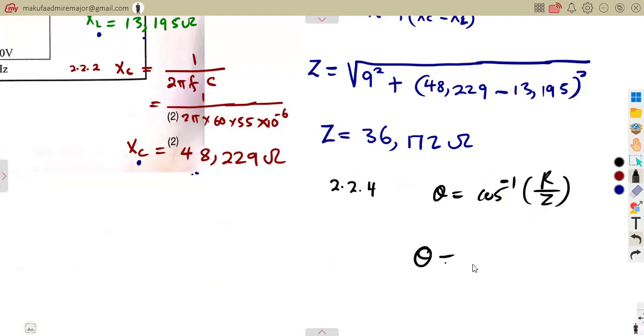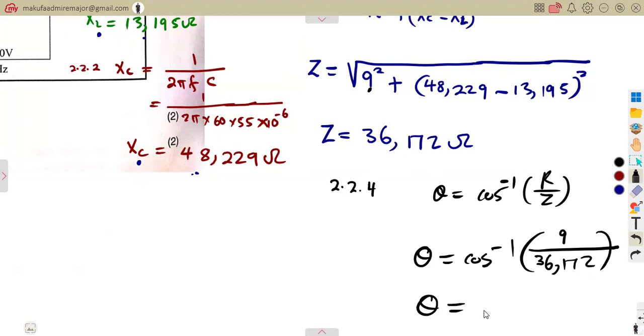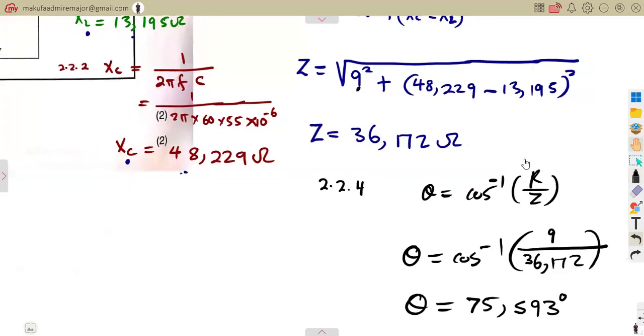So that means arc cos of the resistance, which we are given, remember from our circuit, the resistance was 9, and we calculated our impedance, 36,172. That's our theta. So that was going to be 75.593 degrees. Okay, that's our phase angle in this case.